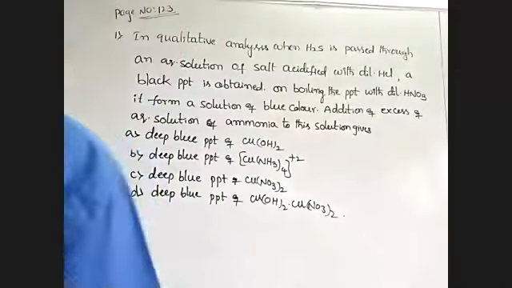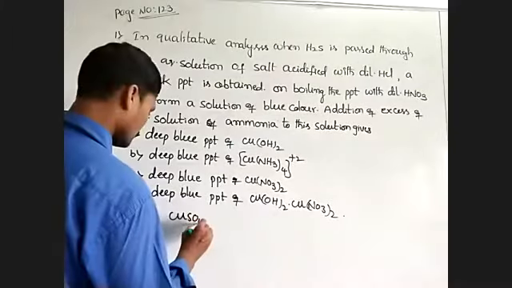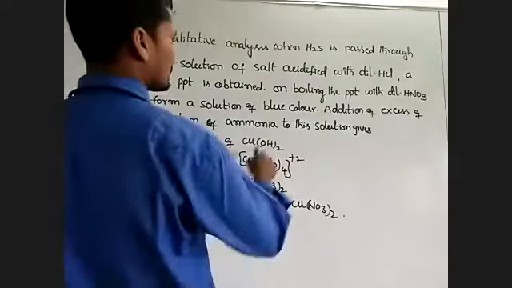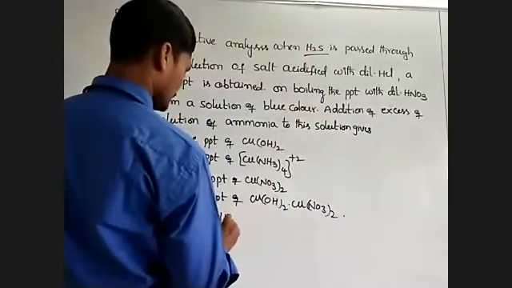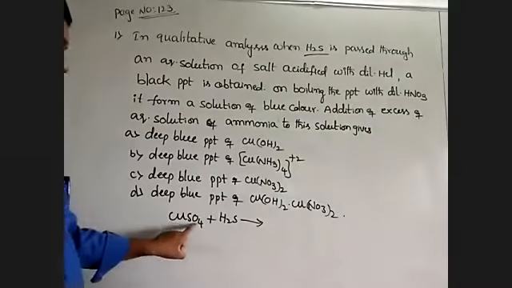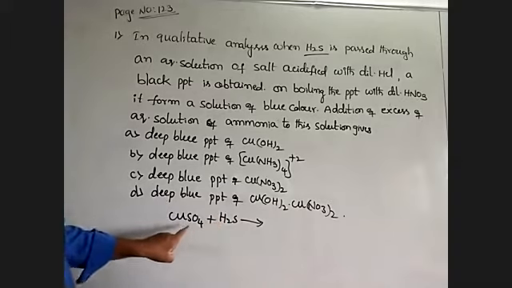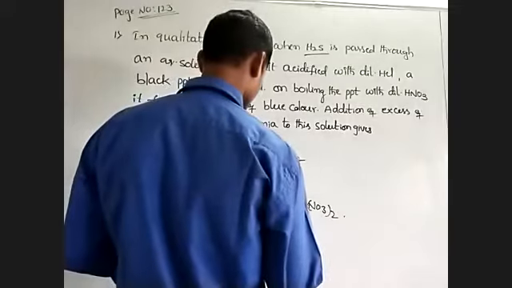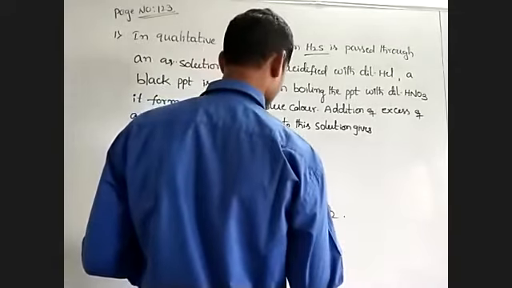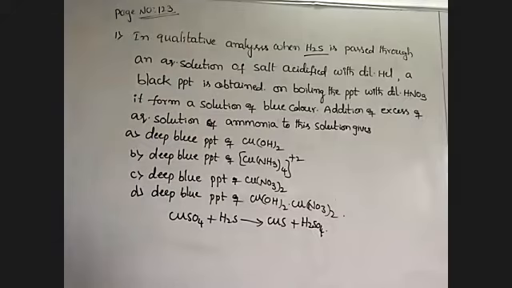So now the reaction takes place between copper sulfate, CuSO4, and H2S gas. Copper sulfate is the salt. When it reacts with hydrogen sulfide, it forms CuS, cupric sulfide, and sulfuric acid.